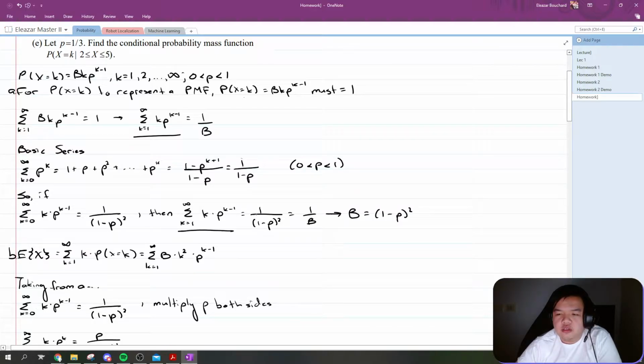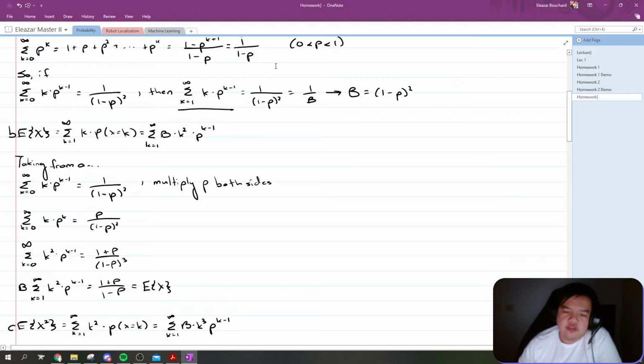We can move this over to the other side and throw b back in, and so b will equal 1 minus p squared. This is really important for the next few questions.